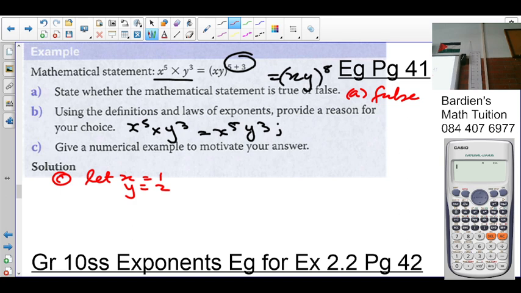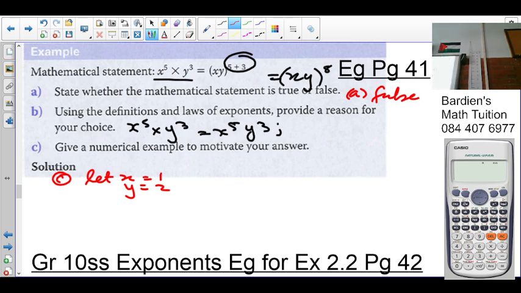Or you could have let x equal minus 6 and y equal minus 100, whatever you want. But never would we say let x equal 1 and y equal 1, because then you're not going to see the change here. So we choose the values. We could have chosen x to be 2 and y to be 3.